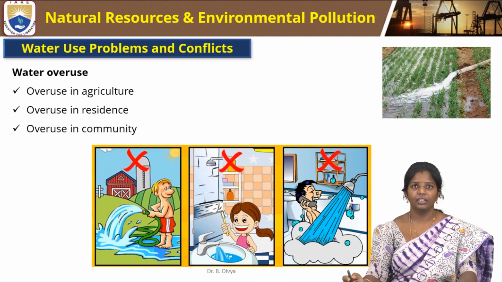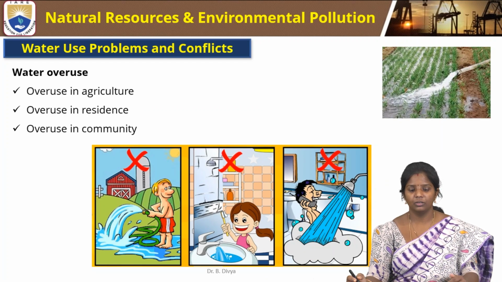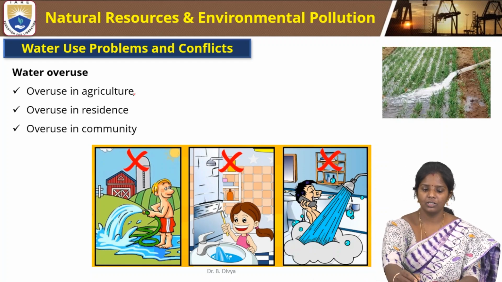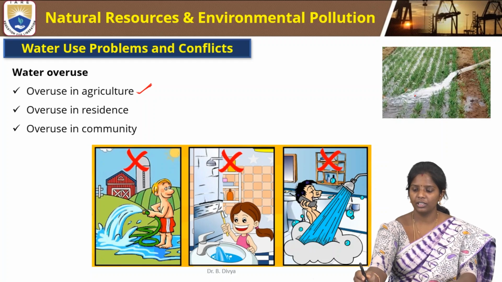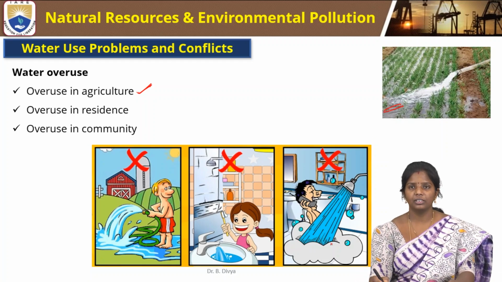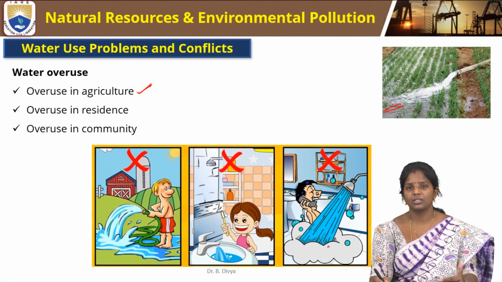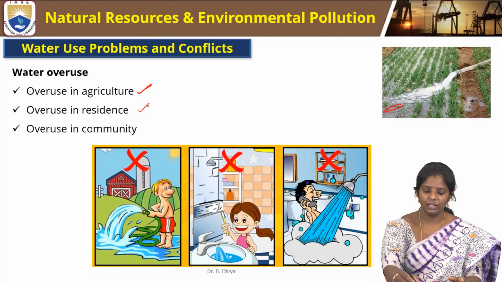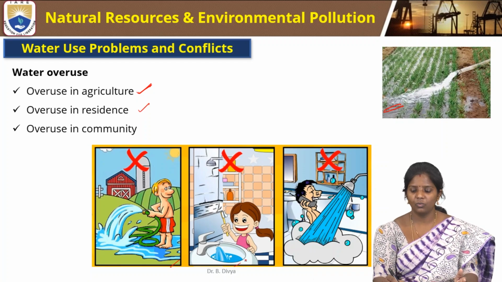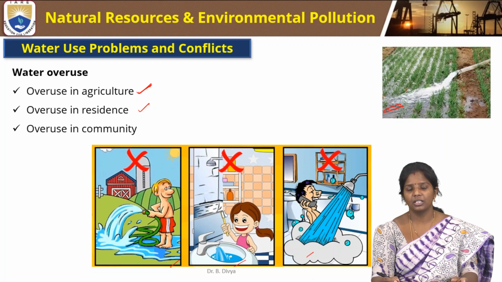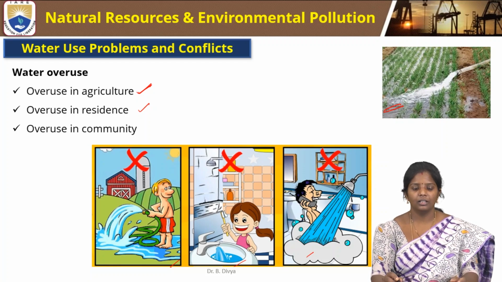What happens when we overuse and exploit water resources? In agriculture, when we forget to switch off the motor and it runs for longer hours, the water is overused. In residences, for gardening, washing and bathing, when we overuse water, there will be an extensive shortage.